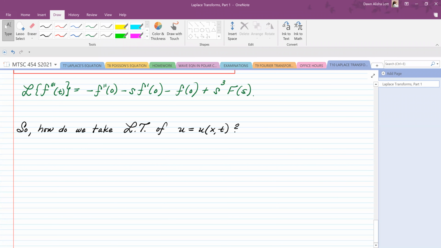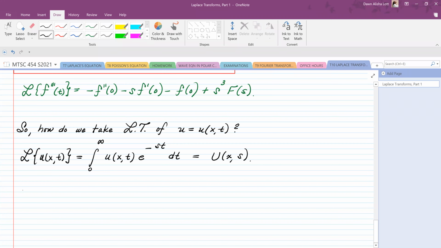X goes along for the ride. So the Laplace transform of u of x and t is the integral from 0 to infinity of u of x and t e to the minus st dt. And we're going to call that capital U of x and s.